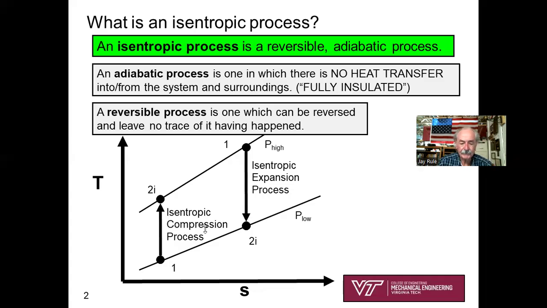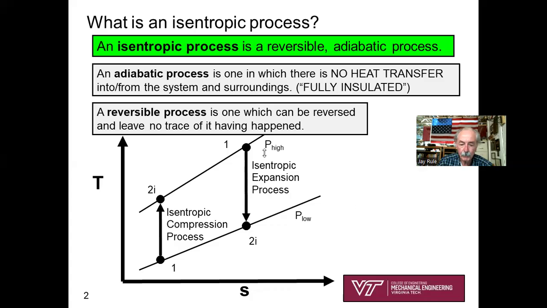If you use some common sense, I've shown you that lines of constant pressure, isobars, swoop upwards, and the higher the pressure, the higher the curves are in temperature.